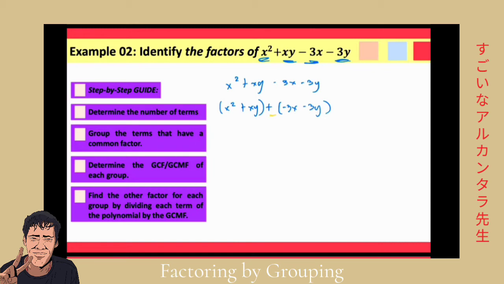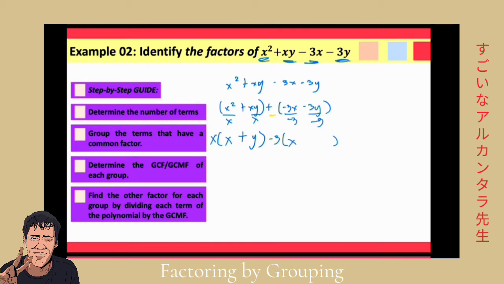So in this case, identify the GCF. For the first group, we have x. Divide both by x. This will be x plus y. Now here, we can have negative 3. So when we bring it out, the plus here is no longer needed. We don't need it anymore there. So divide both terms by negative 3.